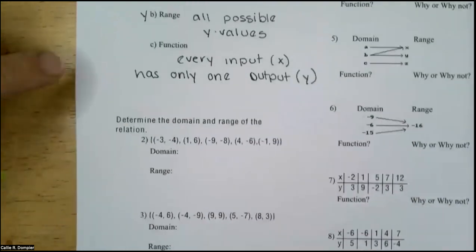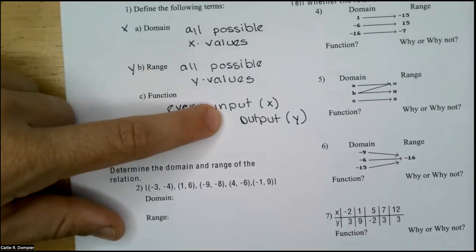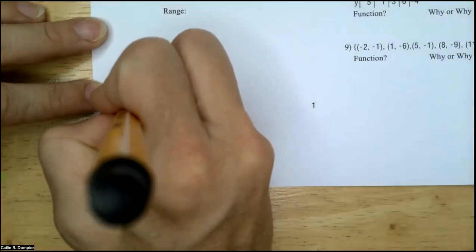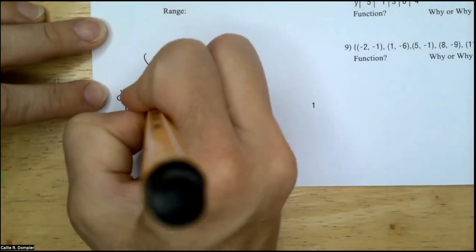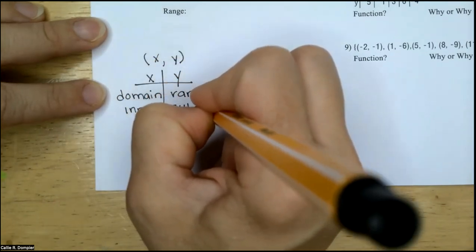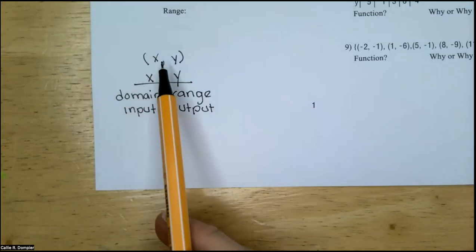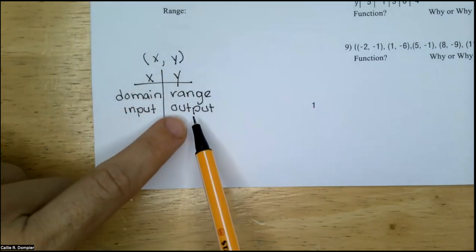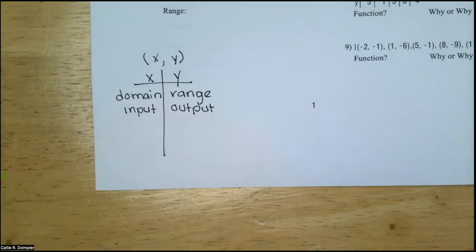I also said every in has only one out. X is my input. Y is my output. Okay? When I put in a value for x, I can find the value for y, the output, right?